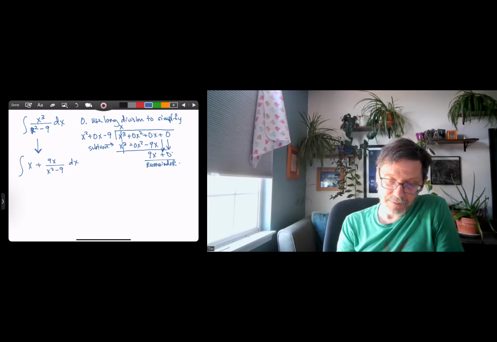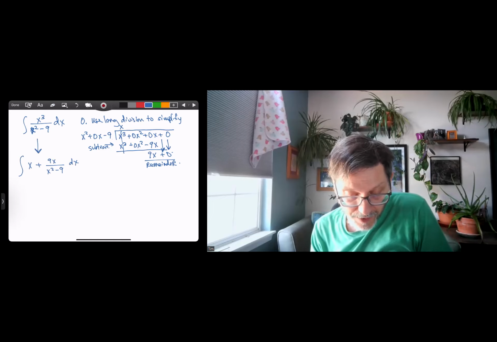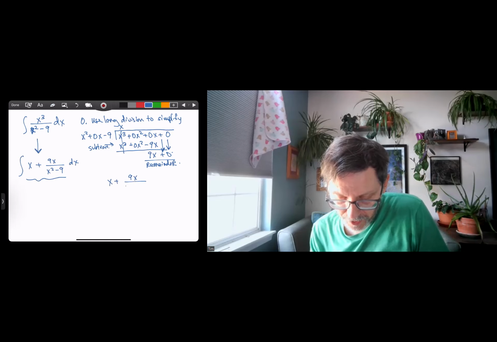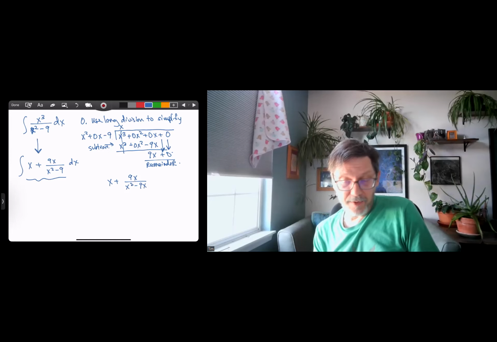Yep, that's it. So now, what does that mean? Let's just do a quick check here. If you were to actually add these together, and I like to do these things backwards and forwards a few times just to show you that everything is totally kosher, I would first have to get a common denominator. That common denominator would be x squared minus 9.